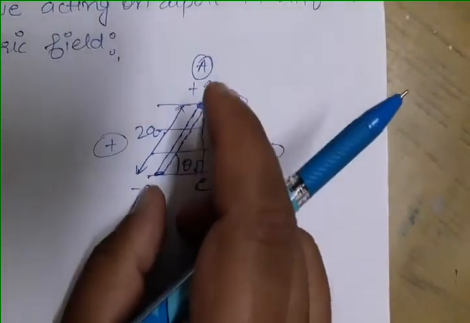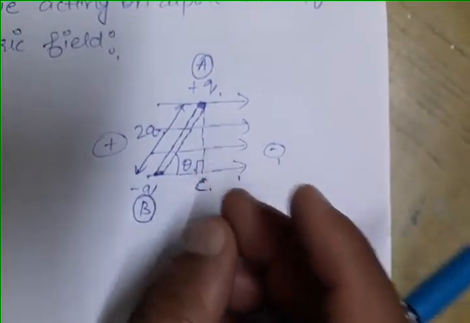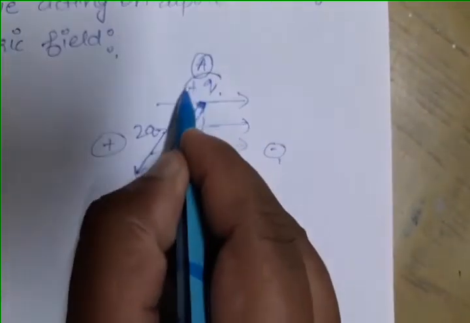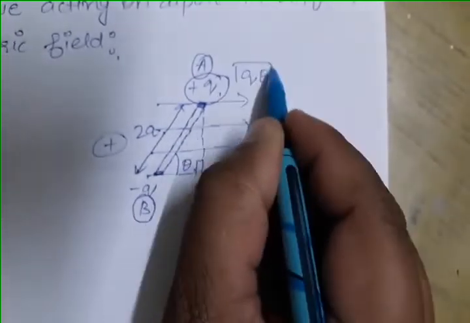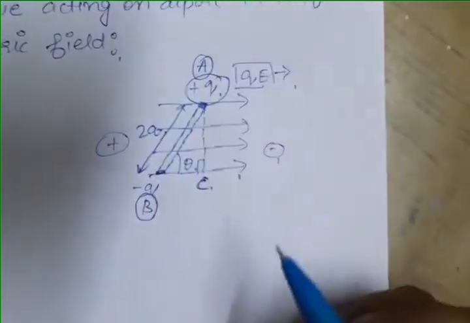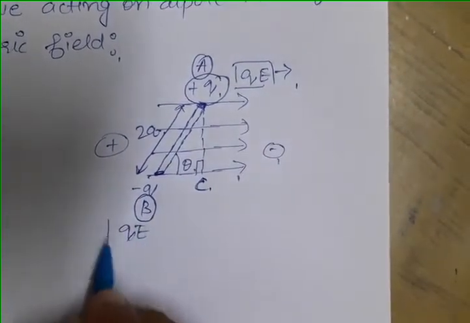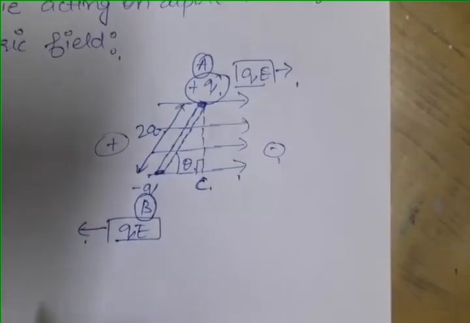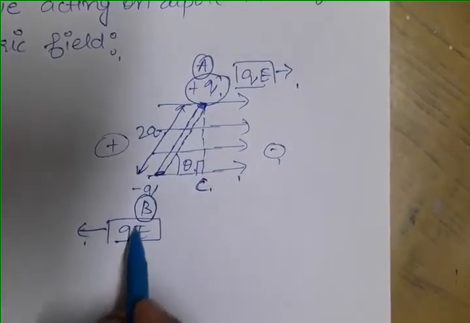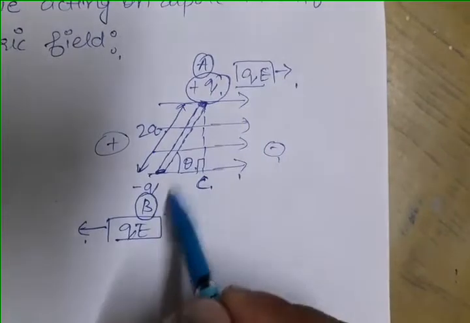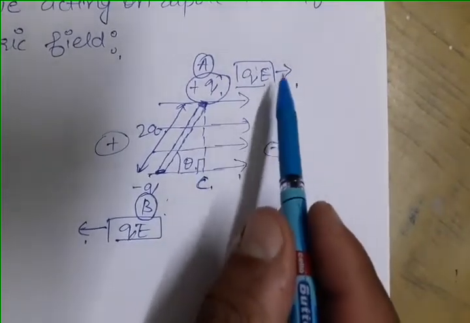Now when a dipole is placed in an electric field, this charge will experience a force which is given by qE on this side. This charge will also experience a force qE but on this side. Both forces are of equal magnitude but opposite in direction.